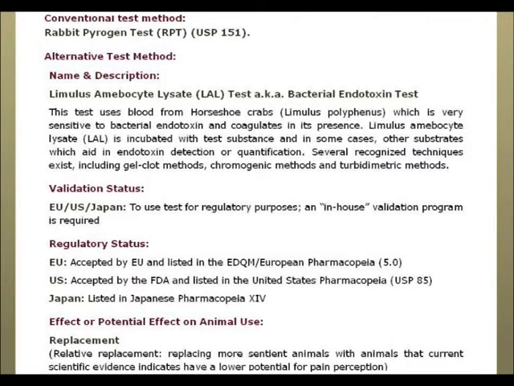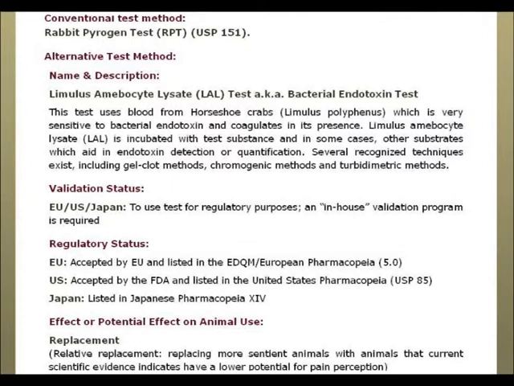It continues, several recognized techniques exist including gel clot methods, chromogenic methods and turbidimetric methods. And at the bottom, as I said before, the replacement, it says relative replacement, replacing more sentient animals with animals that current scientific evidence indicates have a lower potential for pain perception.